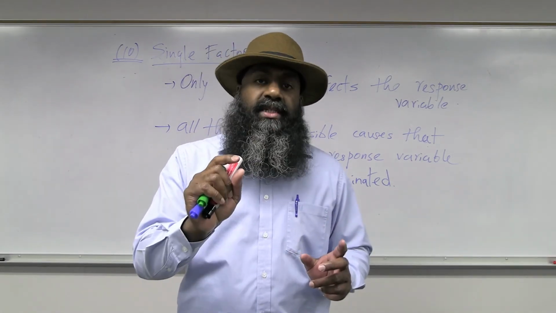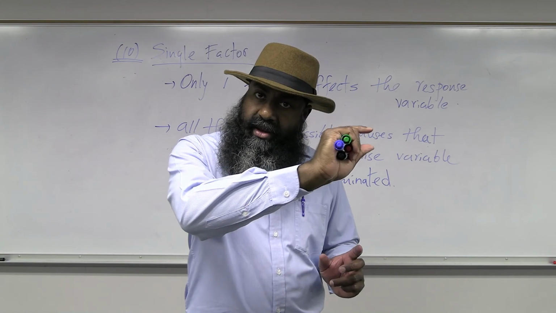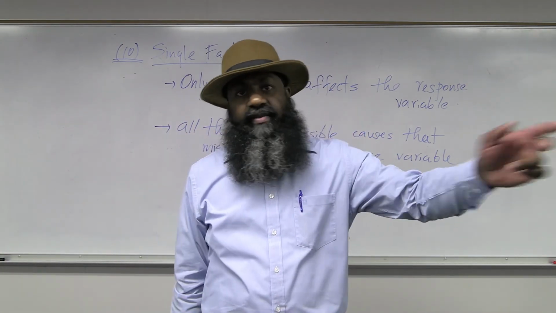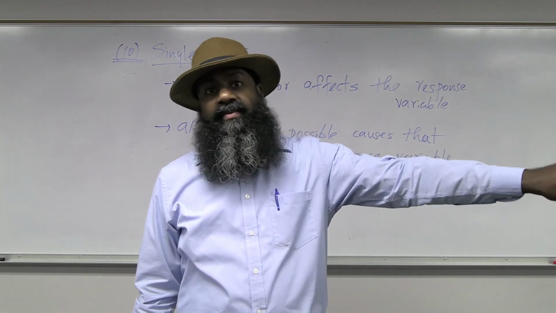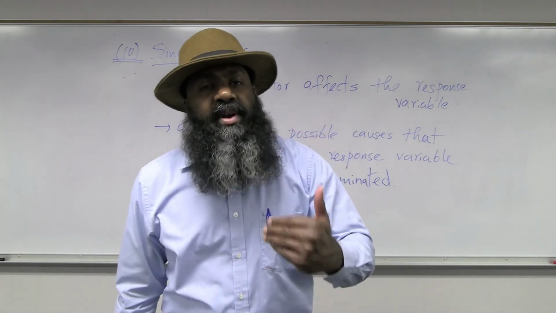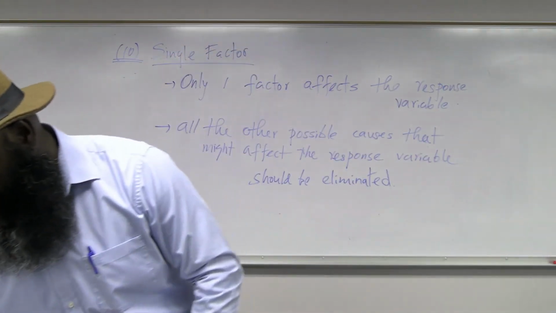The number of treatments will be equal to the product of the number of levels of each factor. If you have two factors, the first factor may have 4 levels, the second factor may have 3 levels, the total number of treatments will be 4 times 3, 12. We'll do an example and it will become clear.